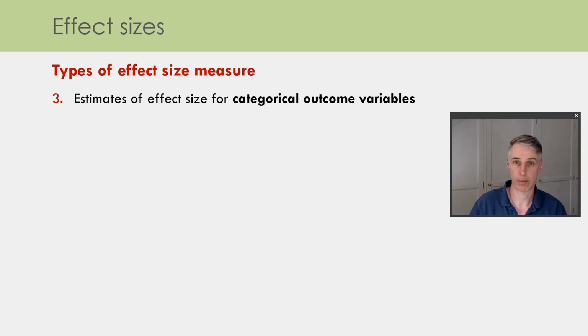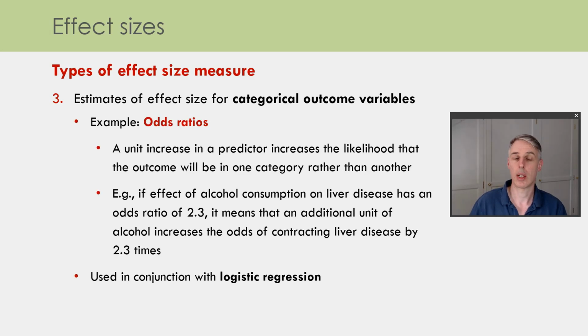If you're analyzing data that has a categorical outcome variable, the most commonly used effect size might be an odds ratio, for instance. An odds ratio indicates the likelihood that an outcome will be in one category rather than another as a function of a unit increase in a predictor.